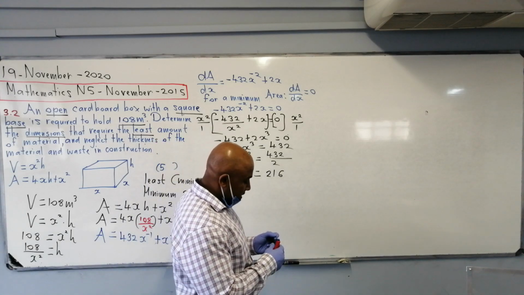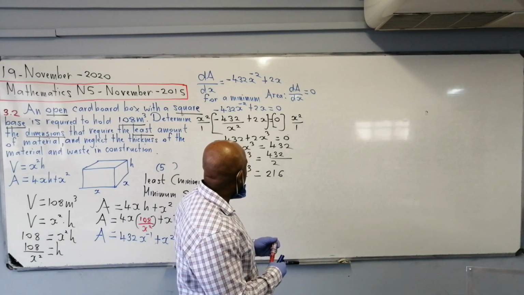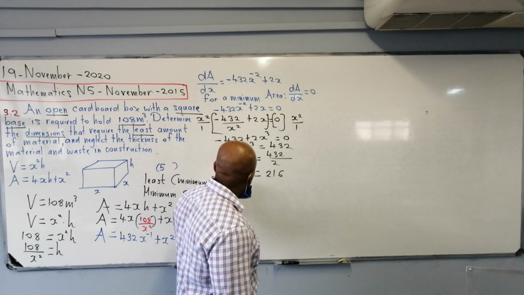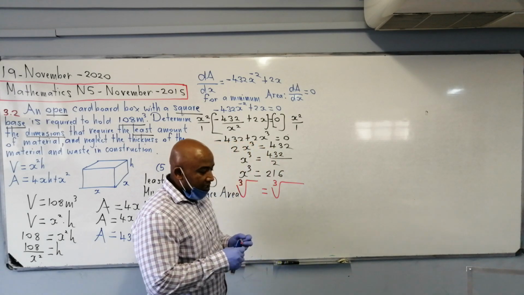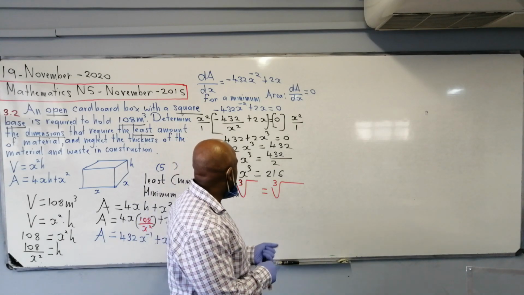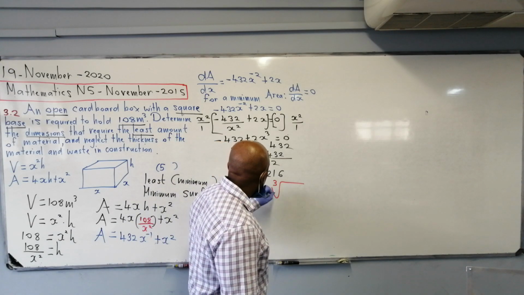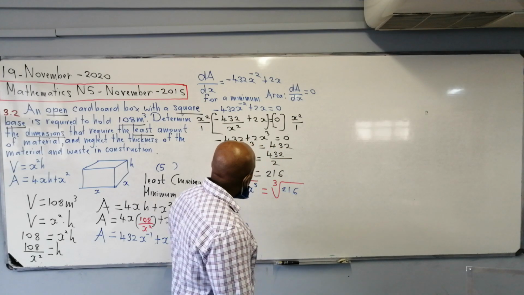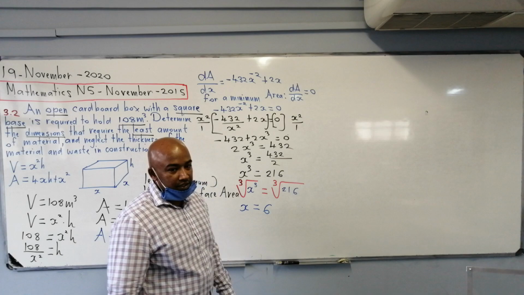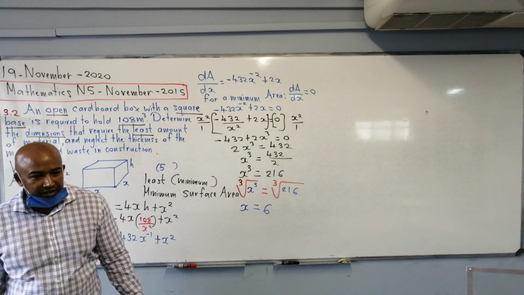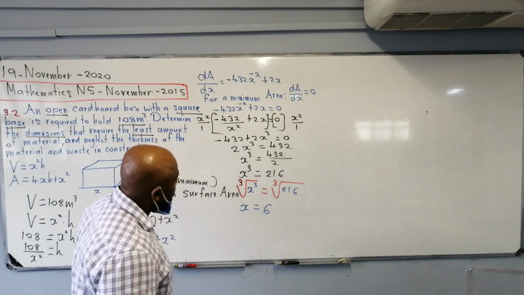So now that is x to the power 3, so I need to find the cube roots of both sides. Okay, because that's x to the power 3. So what is x equal to? x is equal to 6. So it's an easy one. Okay. So now x is equal to 6.